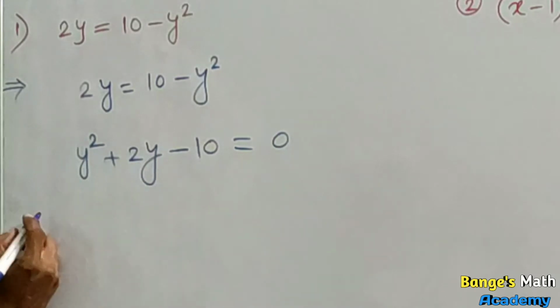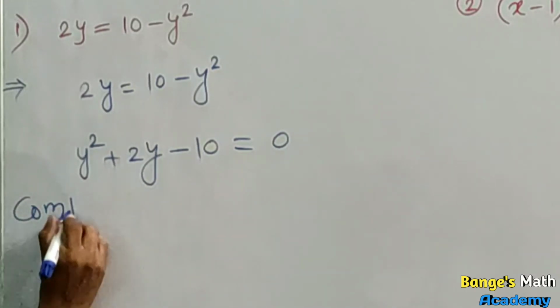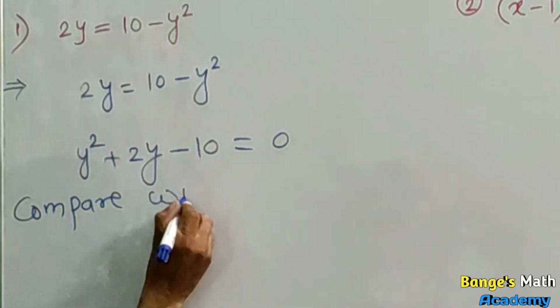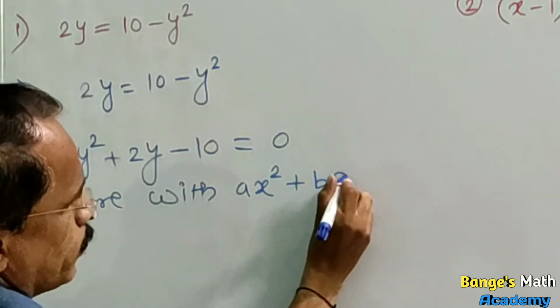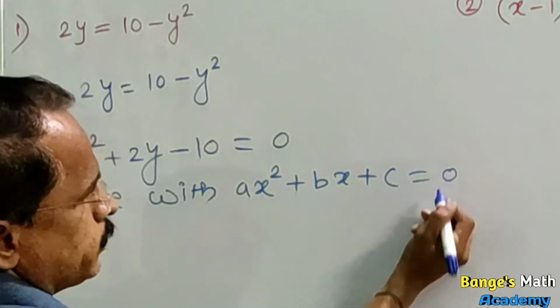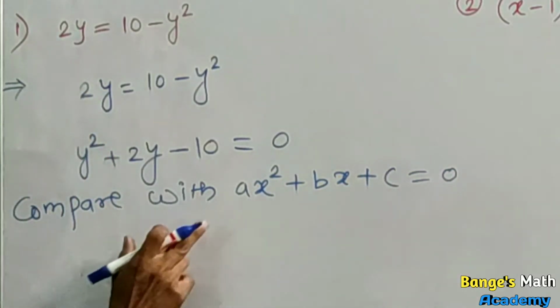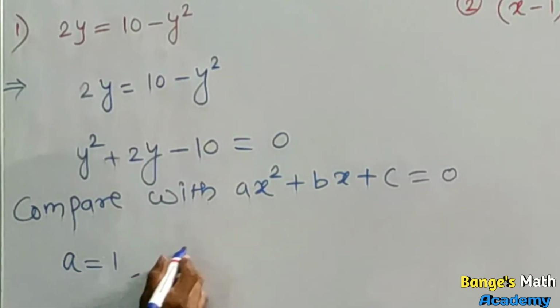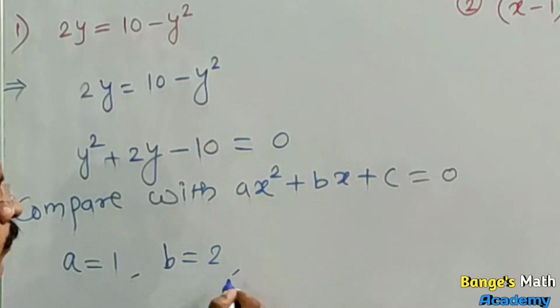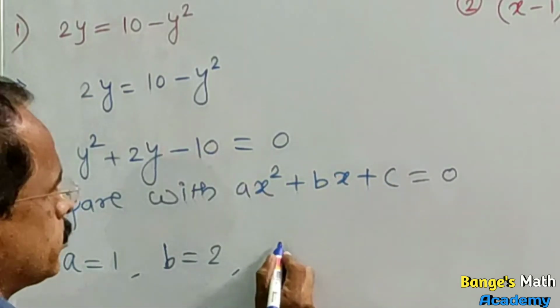Then compare this equation with ax square plus bx plus c is equal to 0. So value of a is 1, value of b is plus 2, value of c is minus 10.